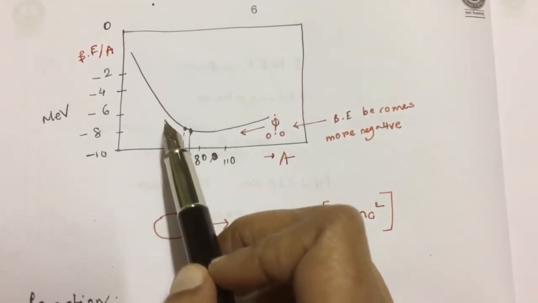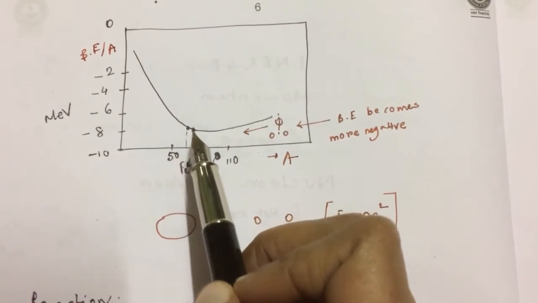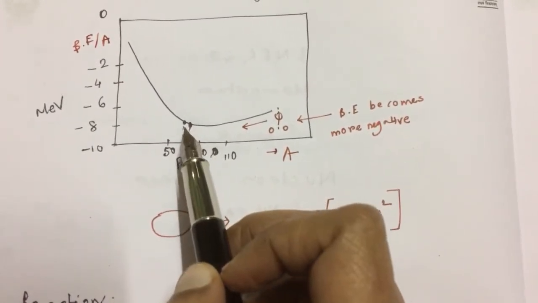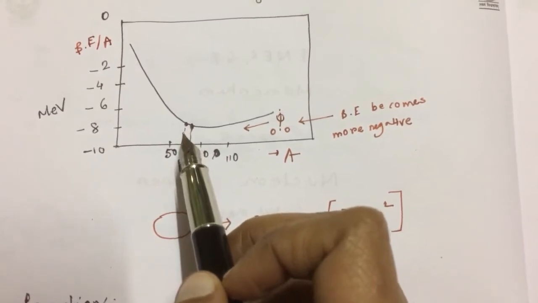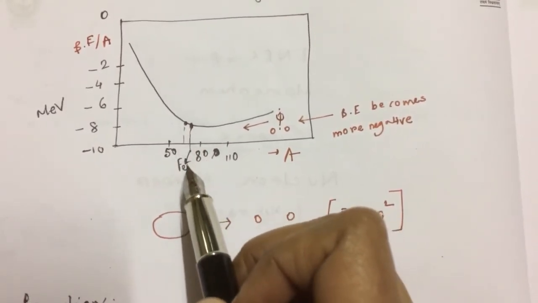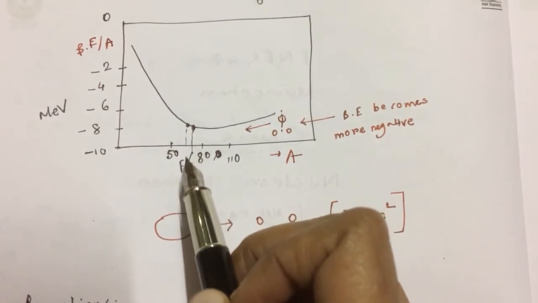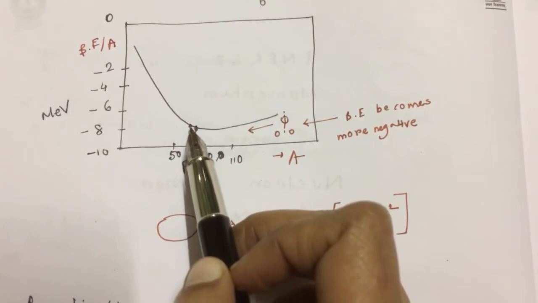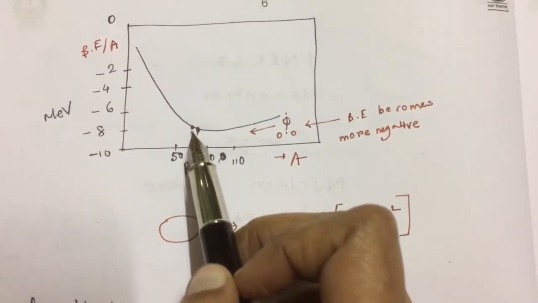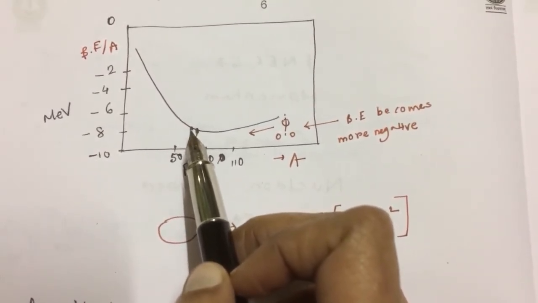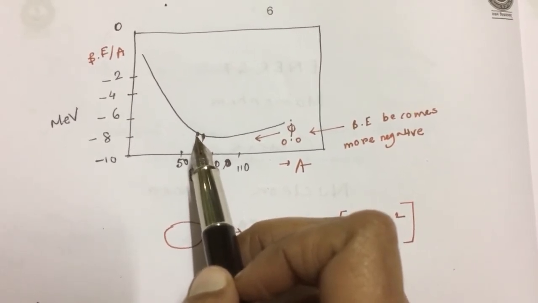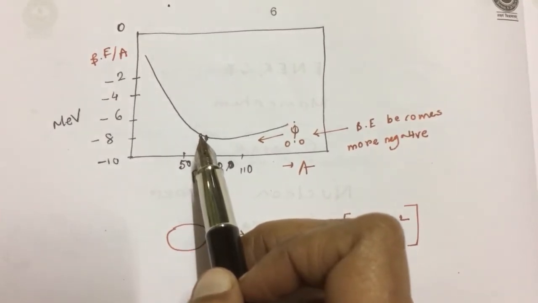As binding energy goes to the higher value, that means when it is more negative, the system is more bound. For example, for iron, Fe with A equal to 56, it is somewhere lying here, and it's the most stable nucleus on Earth, and this has a binding energy of almost 8 million electron volt per nucleon.